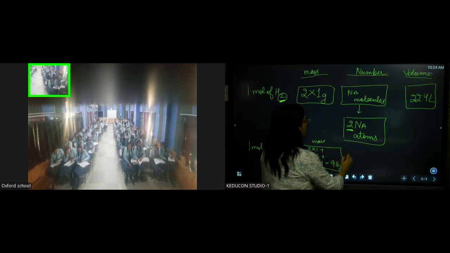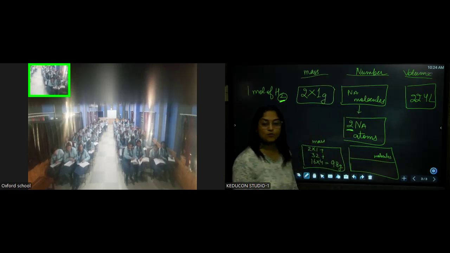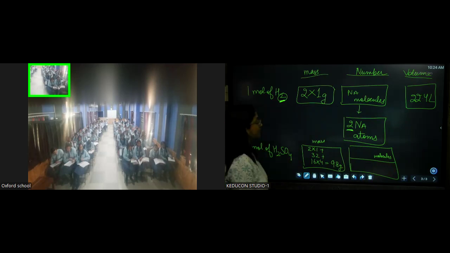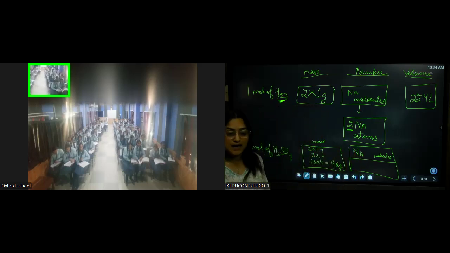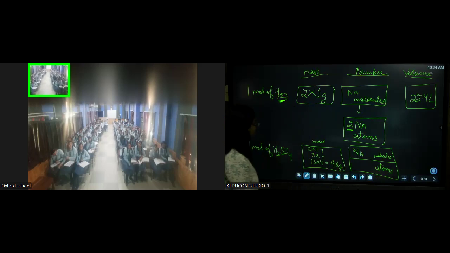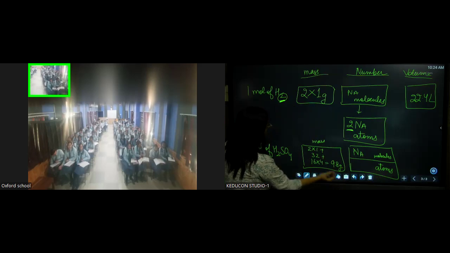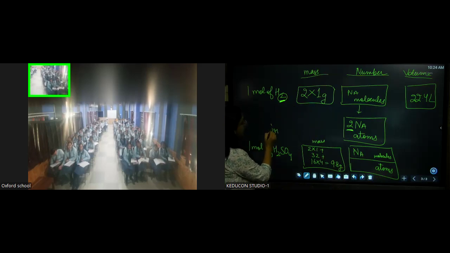Now talking about the number of molecules and number of atoms. What is the number of molecules present here? 1 mole of sulfuric acid has Avogadro number of molecules. This is fixed. But if I want to calculate the number of atoms present in sulfuric acid, I have to multiply this with how many atoms are present in sulfuric acid? 2 hydrogen, 1 sulfur, 4 oxygen.